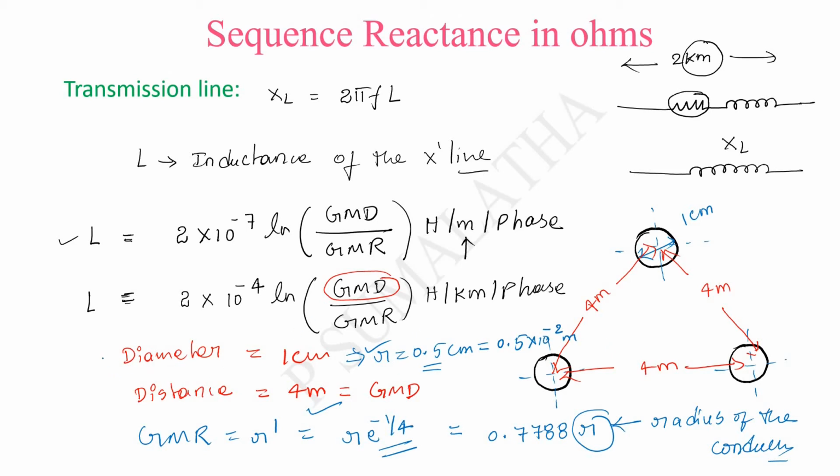We know the GMD and the GMR value, and you can directly substitute in this equation to find the inductance. Therefore, inductance L is equal to 2 into 10 to the power of minus 4 ln of GMD, the geometric mean distance, which is 4 meters, divided by the geometric mean radius, that is 0.7788 into 0.5, the radius, converted into meters by multiplying with 10 to the power of minus 2.